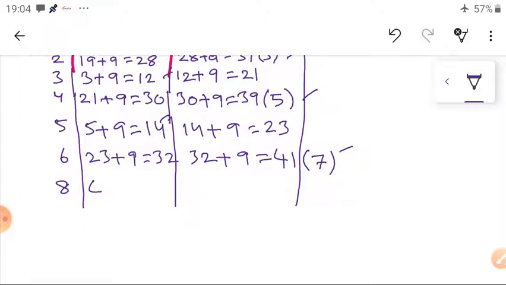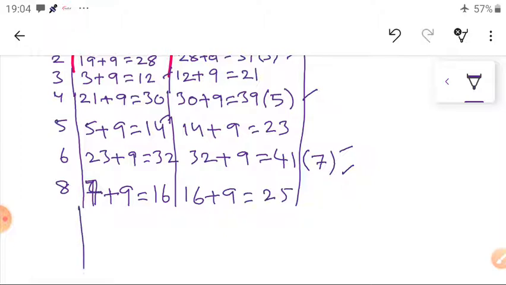40, instead of 41 you can write 7. The 7th conductor, plus 9 back pitch. So 16. 16 plus 9 is 25. Next, 25 plus 9, so 34. Yes, 34.